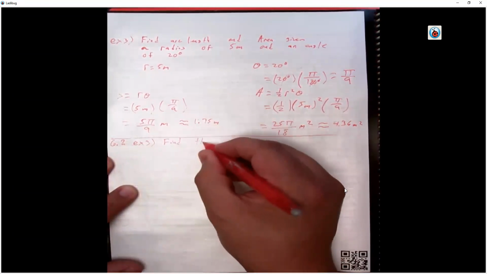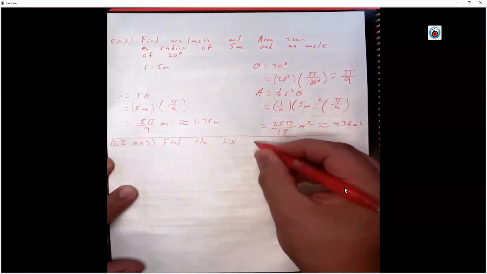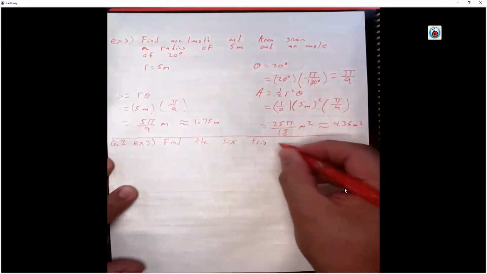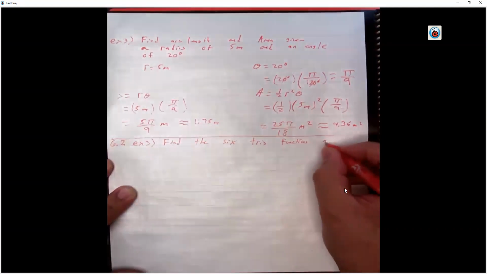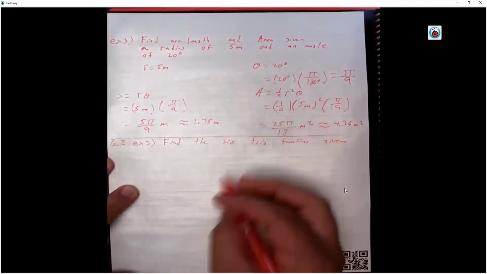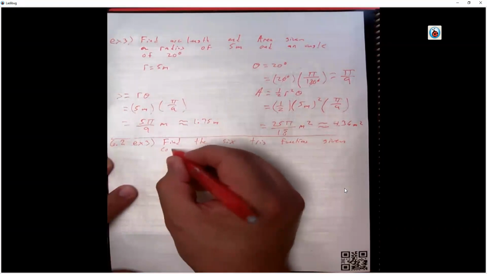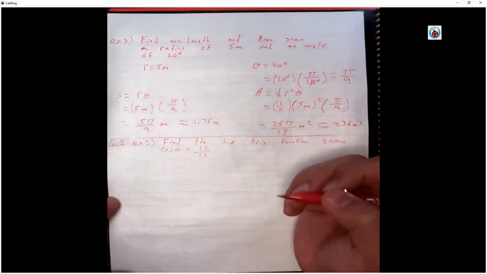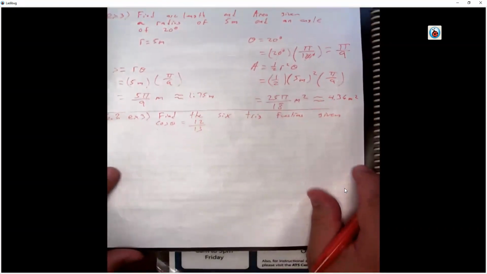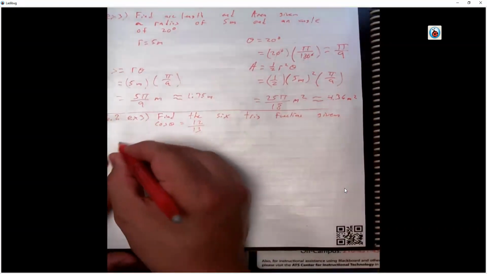Find the 6 trig functions, given cosine theta equal to 12 over 13. So I need to find sine.